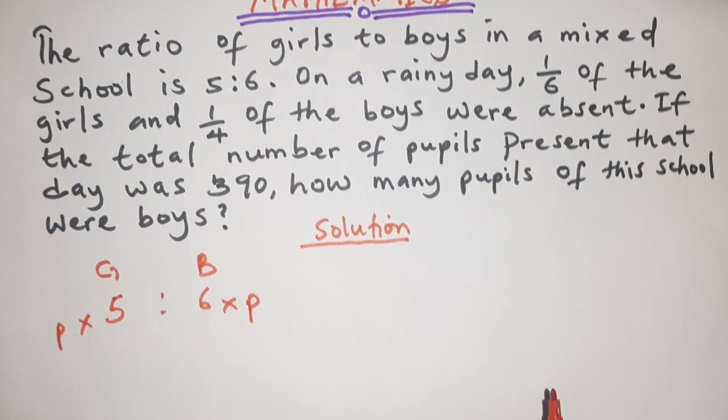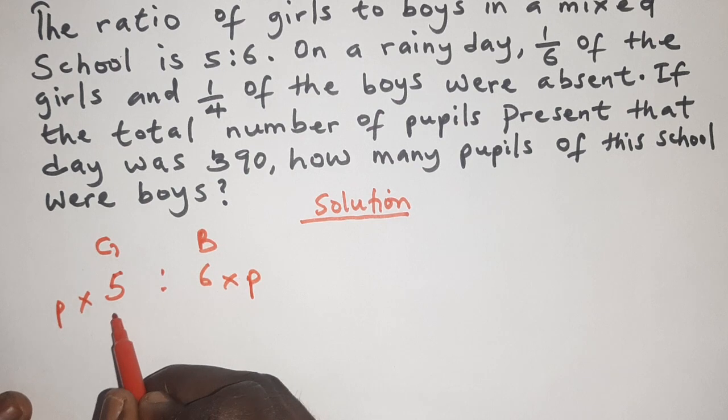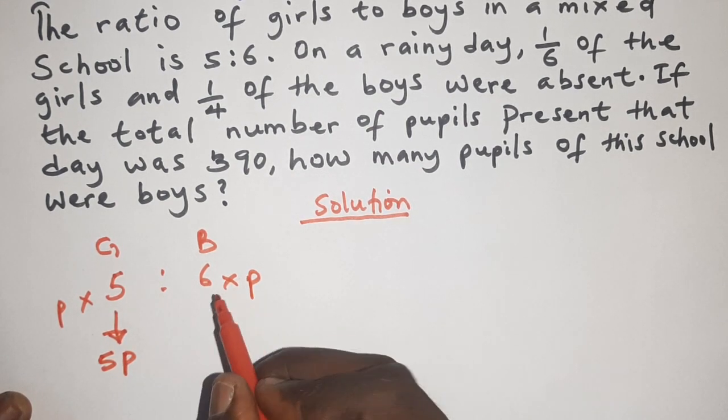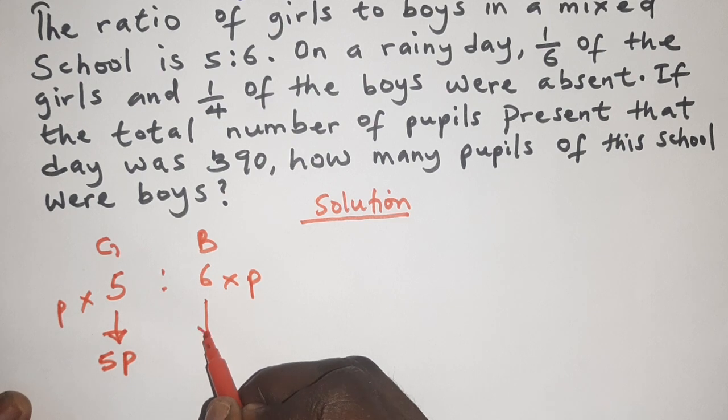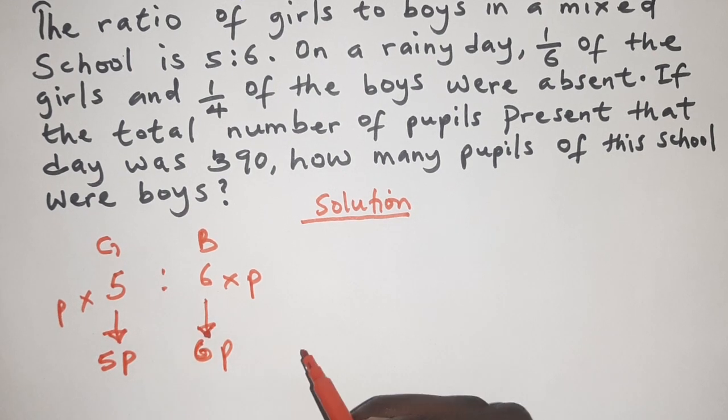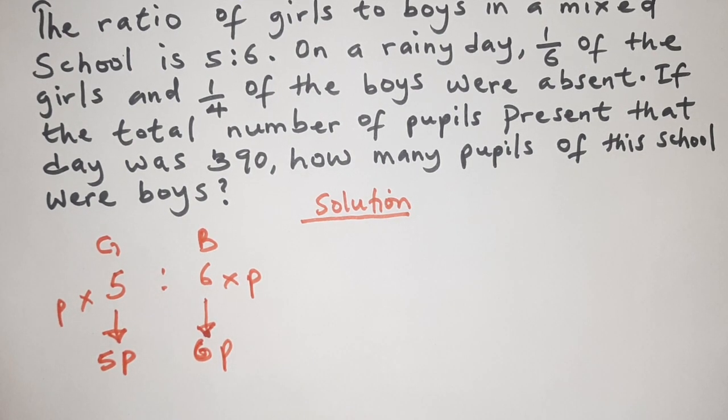The value for girls will now be 5p, and for the boys 6p, because 5 times p is 5p and 6 times p is 6p. So we assume that the number of girls in that school is 5p and the number of boys is 6p.